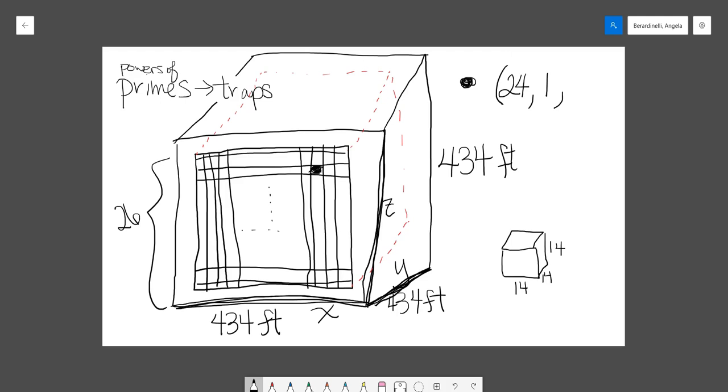And z, it's third down. Of course, all this depends on, are you counting left to right, top to bottom, or sort of the other way around. But we're going to count, this is x is 1, this is x is 26. This front piece is y is 1, the back would be y is 26. The top layer is z equals 1, the bottom layer is z equals 26.